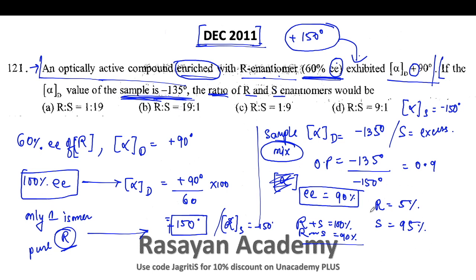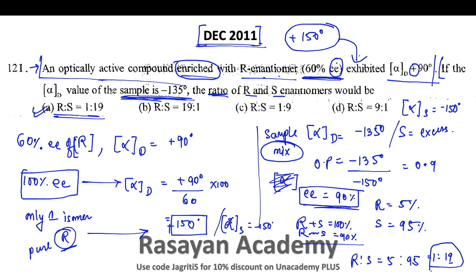Now you see that S is 90% in excess of R, because this is your enantiomeric excess. Now if you find the ratio of R and S, that's simply going to be 5 to 95, which is 1 to 19. So your answer becomes option A, R to S is 1 to 19.